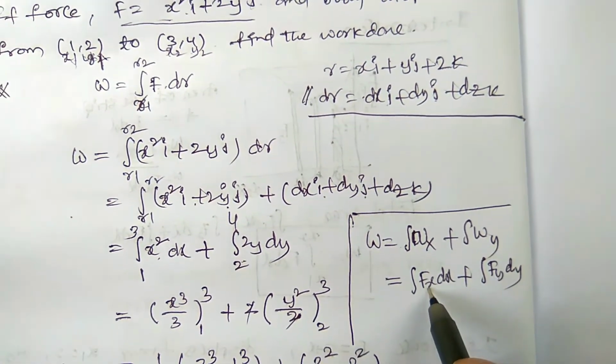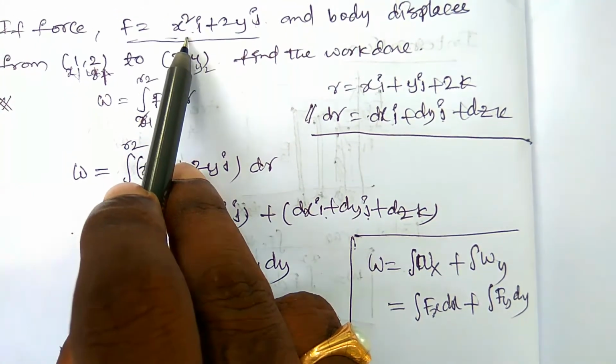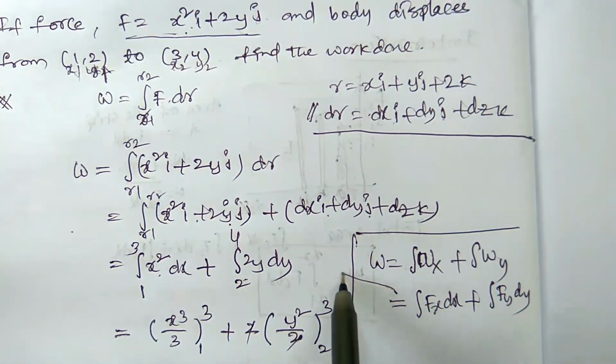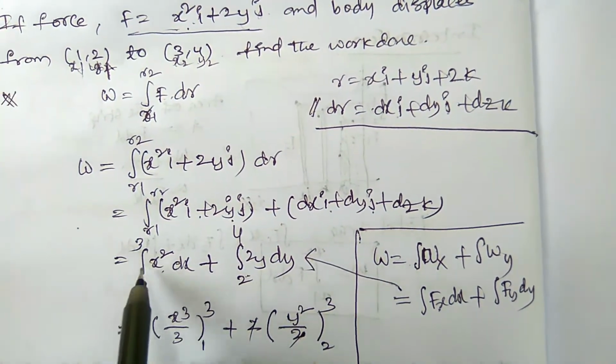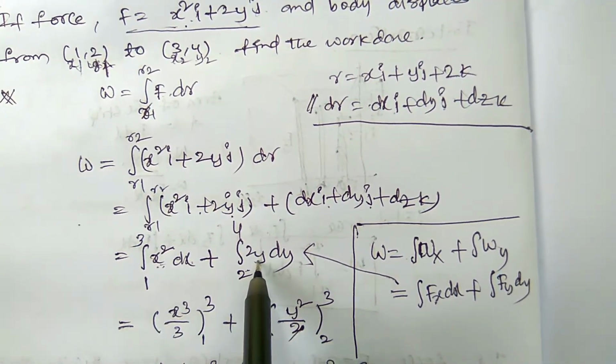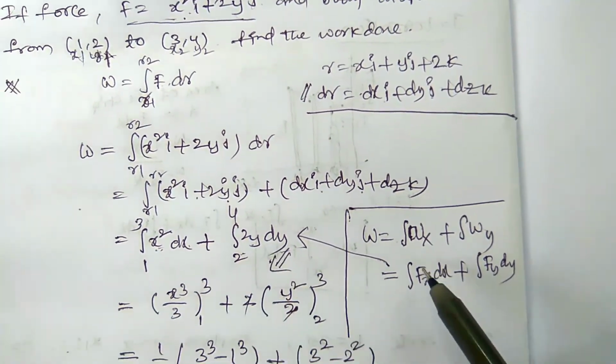What is Fx here? Fx is equal to x square in the x direction, and in the y direction it is 2y. So, Fx dx, Fx means x square, Fy dy, Fy means 2y. From this we can write it easily.